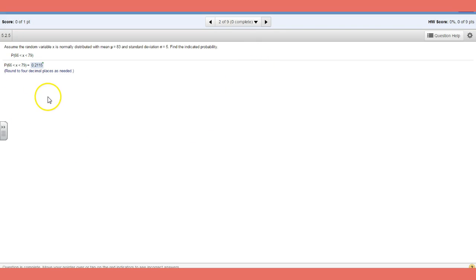In this problem, they gave us the mean as 83 and standard deviation as 5, and they told us the variable is normally distributed, but they're asking us to find the area between 66 and 79. So I'm going to open up my StatCrunch here.